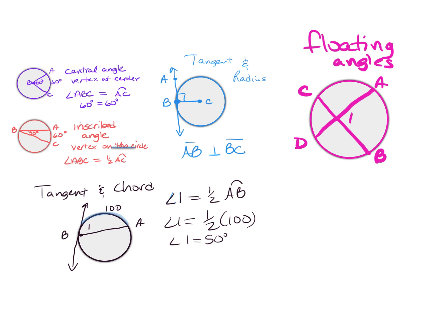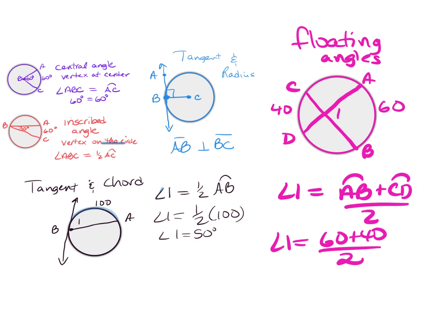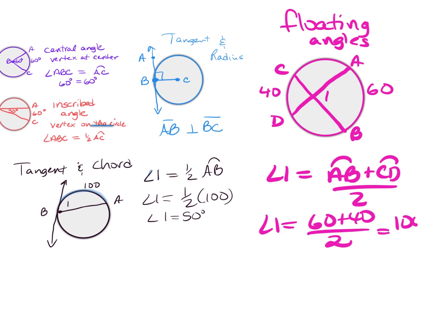So let's say I told you that AB was 60 and CD was 40. To find the measure of angle 1, we would add arc AB plus arc CD, divide by 2 or multiply by 1/2. So in this case, I would do 60 plus 40 divide by 2. This would give me 100 divide by 2, and angle 1, that floating angle, would be 50 degrees.